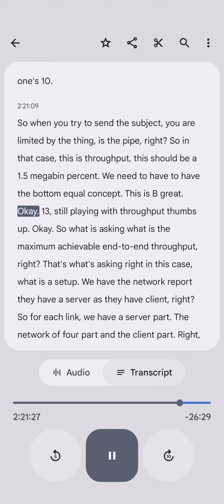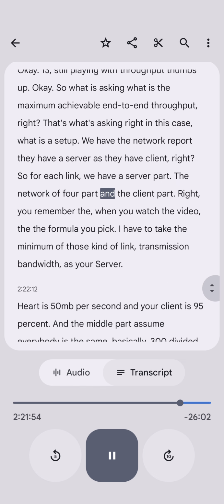So 13 is still playing with the throughput concept, okay? What is it asking? What is the maximum achievable end-to-end throughput, right? In this case, what is the setup? We have the network core, we have a server, and we have a client, right? So for each link, we have a server part, the network core part, and the client part.